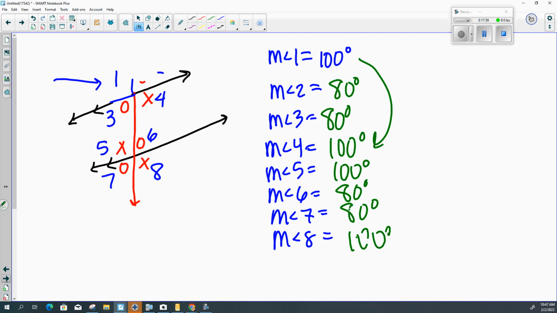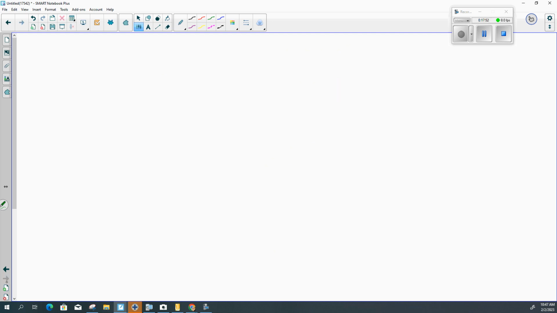As silly as that seems, that's important to go through and think about why. Are they vertical? Are they supplementary? Is it a reflection? Is it a translation? Okay, let's draw ourselves a triangle. The really long side.